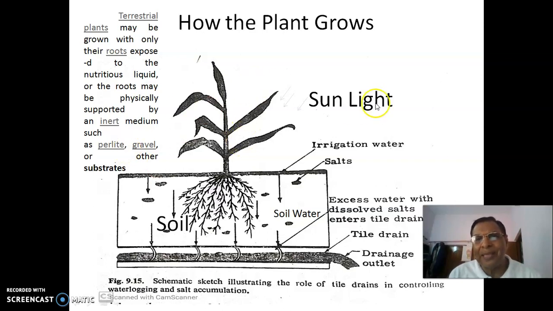We provide the sunlight either artificially or naturally, with some kind of transparent rooftop or directly from the sun. The soil is removed, but some kind of inert material may be there, and even without that, it is later called aeroponics.